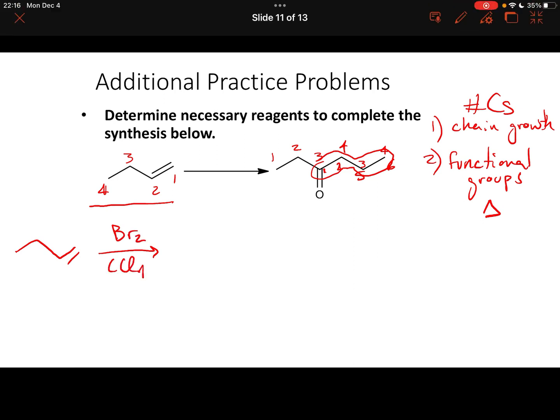So we could include our solvent, the carbon tetrachloride, if we wanted to. So that's going to give us this guy about like that. So it's giving us our vicinal dihalide.